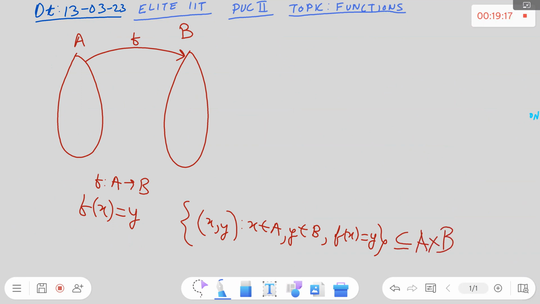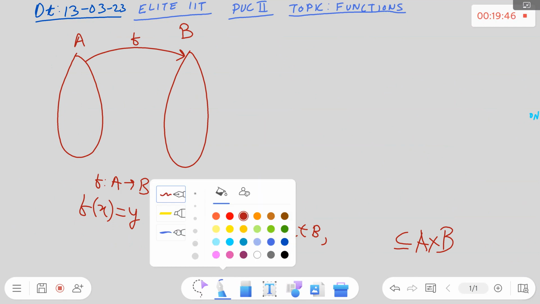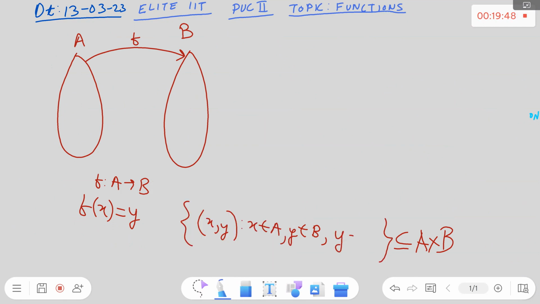Okay? Yes or no? Basically, a function is a collection of ordered pairs x comma y, such that again there should be a rule. This rule can be anything. Say, this rule is actually given by y equal to fx, isn't it? It can be y equal to x square, y equal to x cube, or x plus 1, x plus 2, anything.